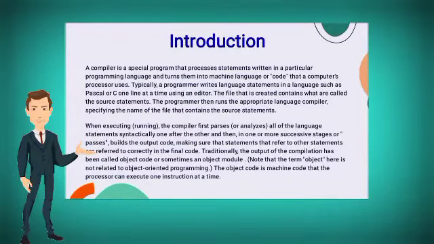Additionally, the output of the compilation has been called object code or sometimes an object module. Note that the term object here is not related to object-oriented programming. The object code is machine code that the processor can execute one instruction at a time.